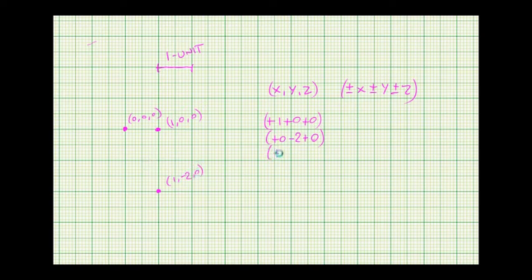For a third line, we could say something like plus 0.5, plus 0.5, plus 0, and that would put us at our new hand's position of 1.5, negative 1.5, 0.